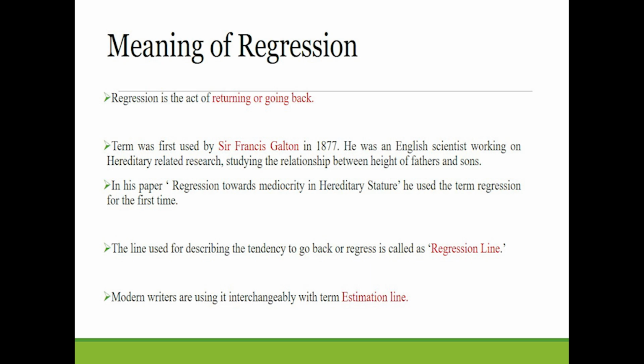Basically, this word regression was used for the first time in the year 1877 by an English scientist by name Galton, Sir Francis Galton, who actually was doing a research on heredity, and he was trying to identify if there is any kind of a relationship which is there between the height of fathers and the height of sons. He was the person who used the term regression for the first time.